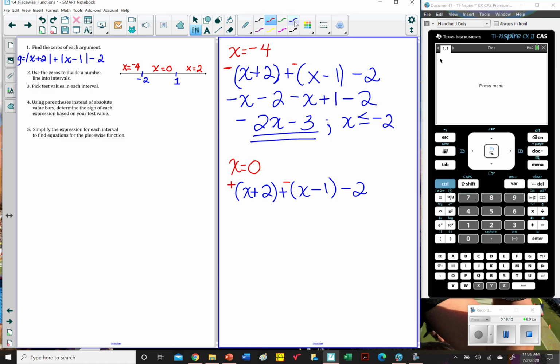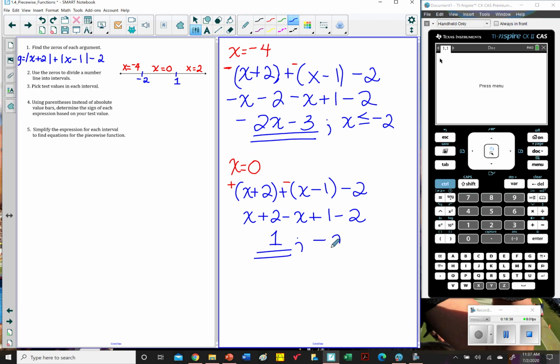So distributing those signs to our expressions, we have an x plus 2 minus x plus 1 minus 2. And to simplify all of that, the x's are gone. 2 plus 1 is 3, and 3 minus 2 is 1. So our middle function is y equals 1, and it fits in the interval from negative 2 to positive 1.